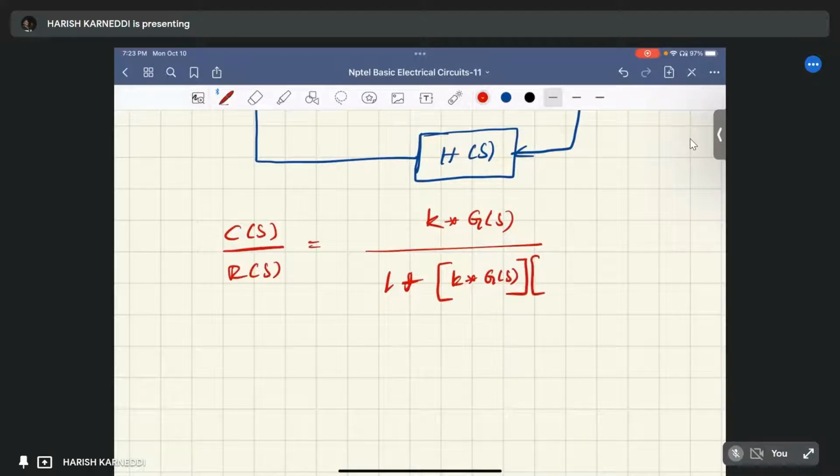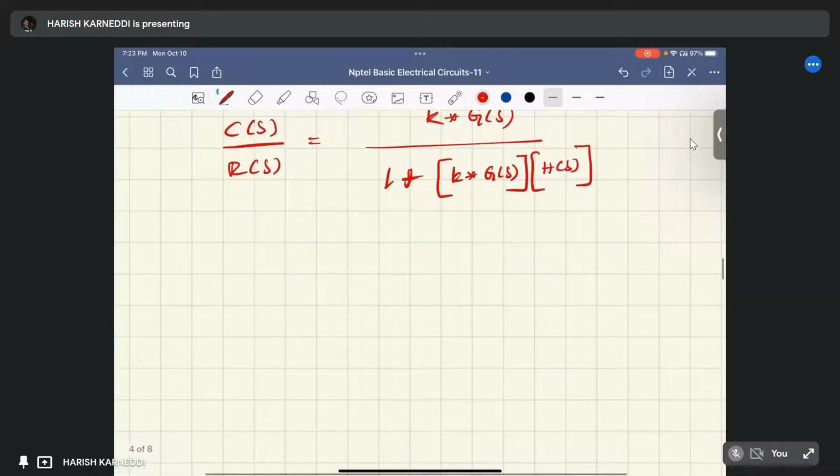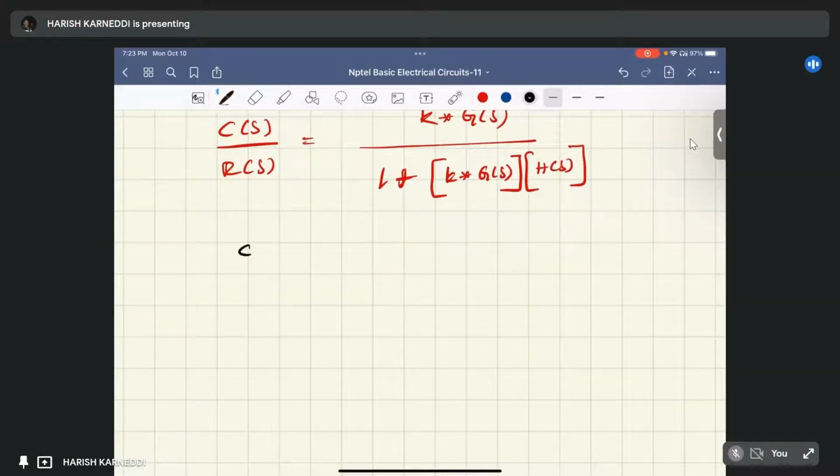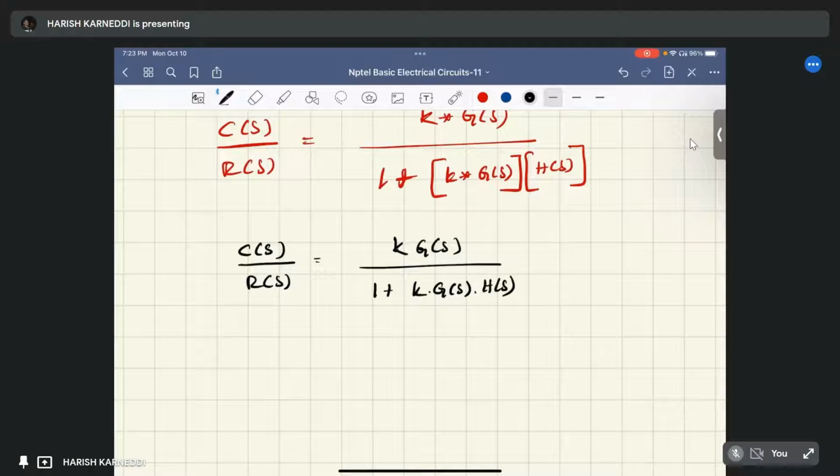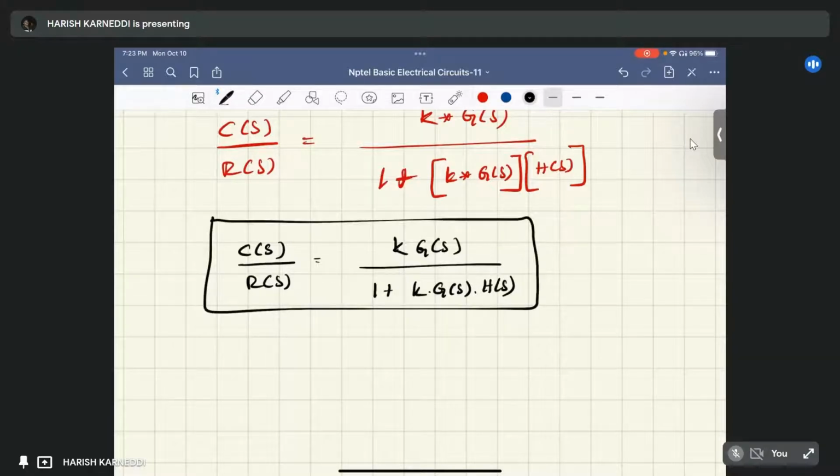H of S means the feedback gain. So the closed loop transfer function C of S by R of S equals K into G of S by 1 plus K into G of S into H of S. This is our closed loop transfer function.